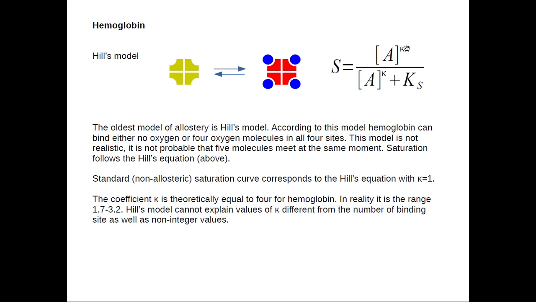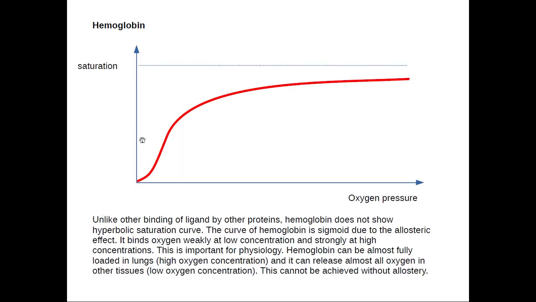But in this Hill's model, instead of 1 you have some kappa, and because there are 4 different binding sites, this kappa should be 4. In fact, this kappa is not 4 for hemoglobin, so this model is not very accurate and not very realistic, but it helps to explain, and it can make this kind of sigmoid shape.